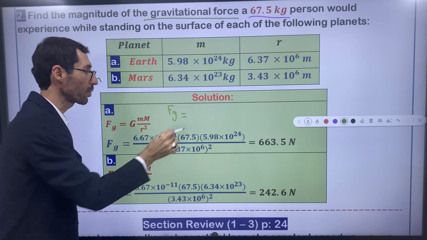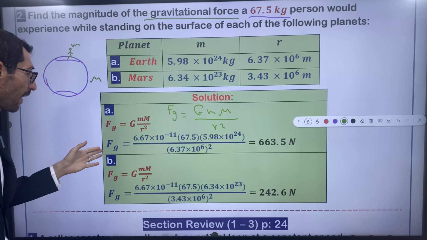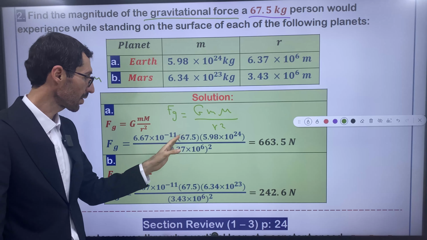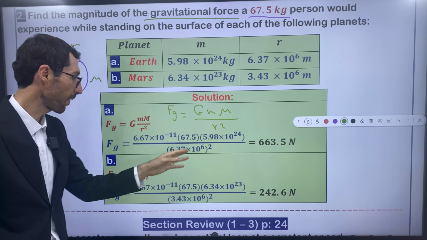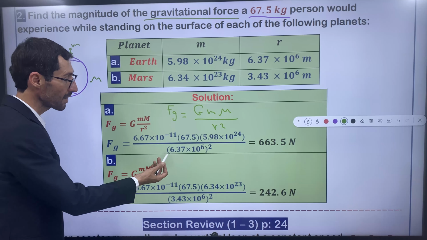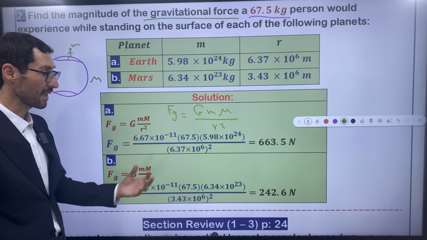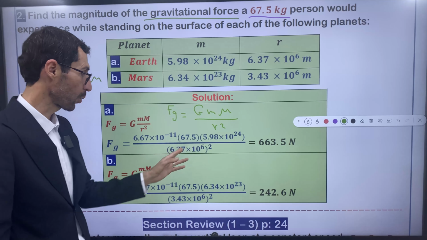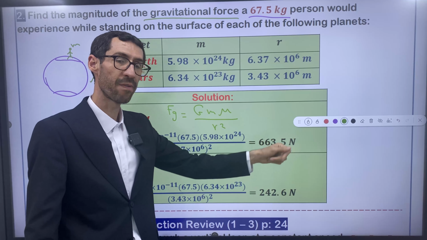To avoid making a mistake, Fg is equal to 6.67, so this is the constant, times the mass of a person, 67.5, times the mass of Earth, divided by the radius of Earth, 6.37 times 10 to the power 6, squared. You have to square it actually. And the answer is 663.5 Newton.